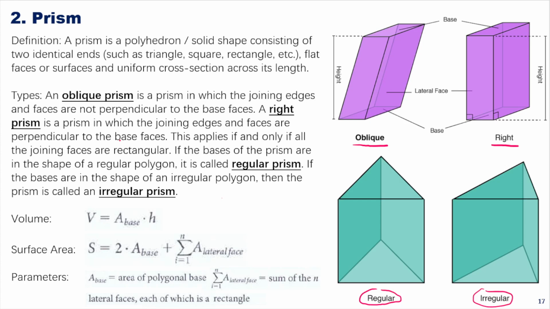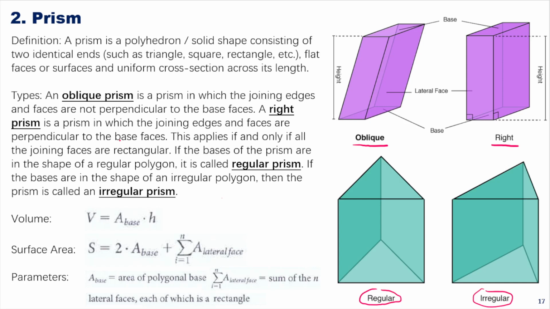To calculate its volume, the volume of a prism, which is usually denoted as the letter V, equals the area of the base of the prism times its height or altitude. Surface area is calculated using 2 times its base because it has 2 bases, right?